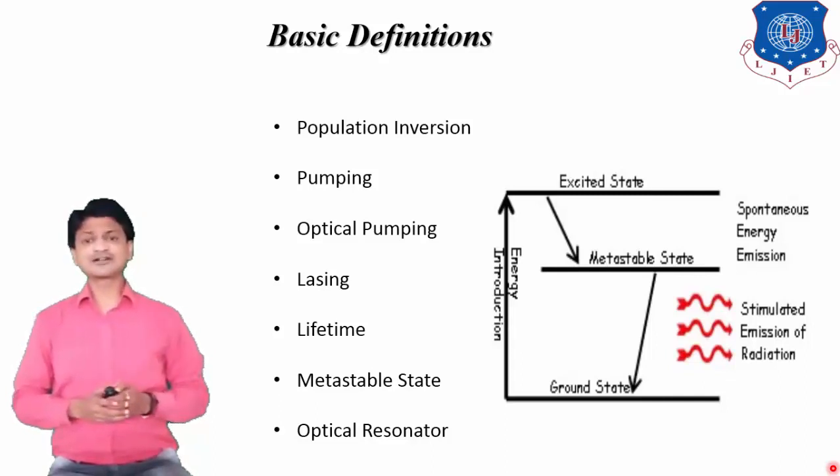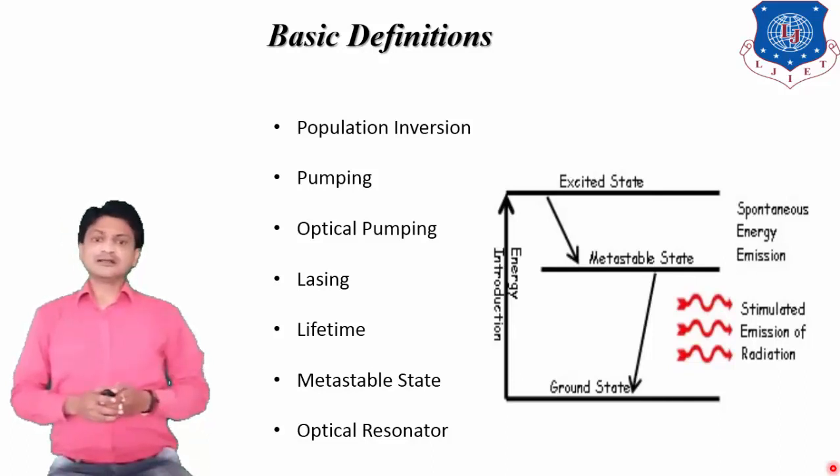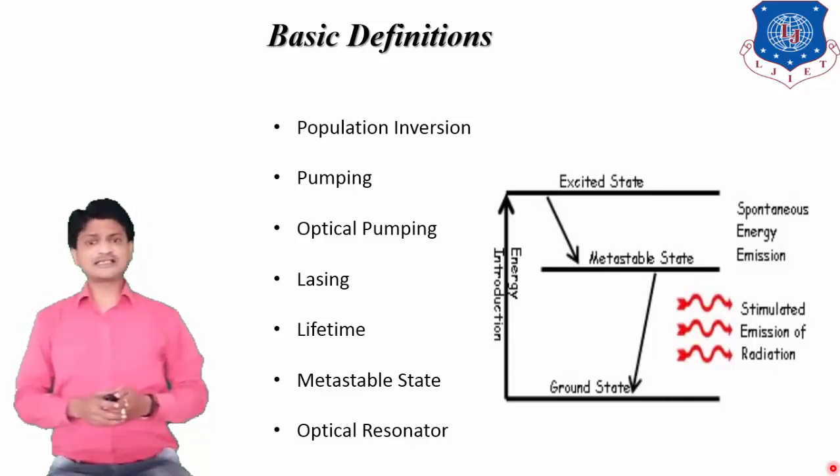Now the next term is lifetime. The limited time for which a particle or an atom remains in the excited state, which is about a nanosecond. So here we can say that the amount of time for which a particle remains in the excited state is also known as lifetime.